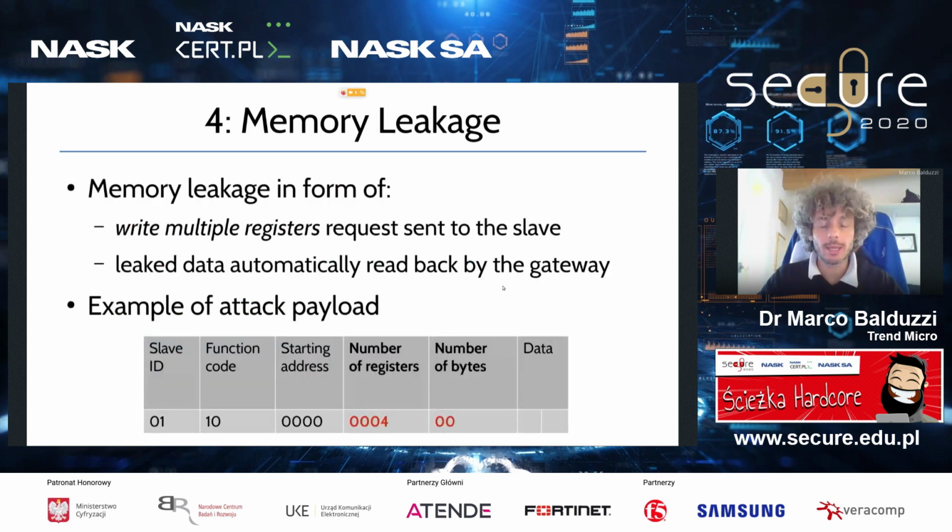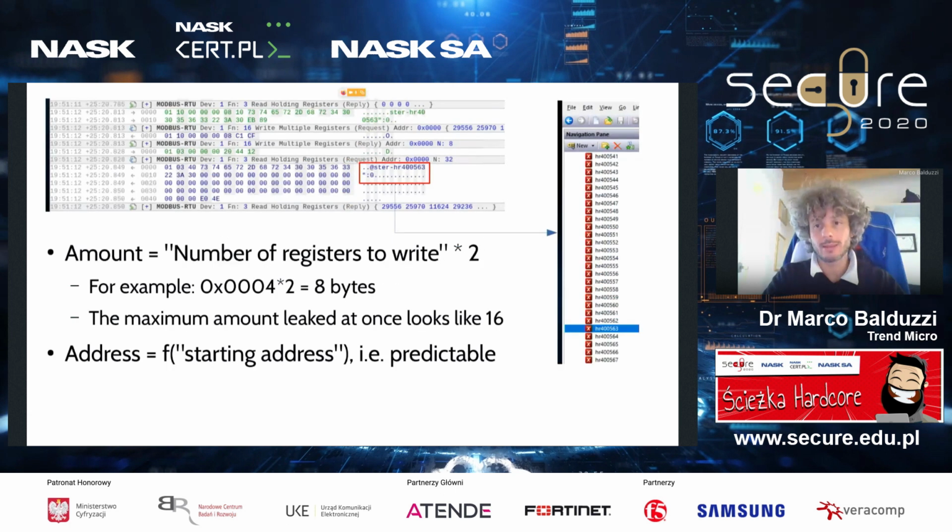And the other one is a memory leakage we have found, in which we send a write multiple registers request, where we specify the number of bytes to be read equal to 0. At that point, as you can see here on the right, we can dump a memory table of this device.